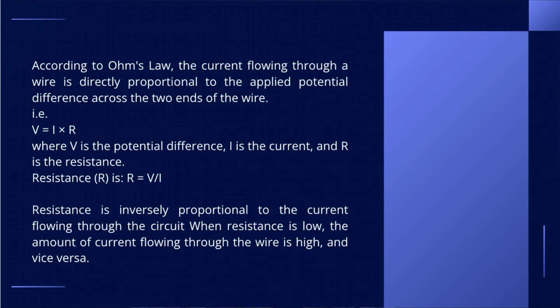This relationship is V = I R, where V is the potential difference across the wire, I is the current passing through the wire due to V, and R is the resistance offered by the wire to the current. So from this formula, we can see that the resistance R is equal to V by I. Thus, resistance is inversely proportional to the current flowing through the circuit. When resistance is low, the amount of current flowing through the circuit is high, and vice versa.